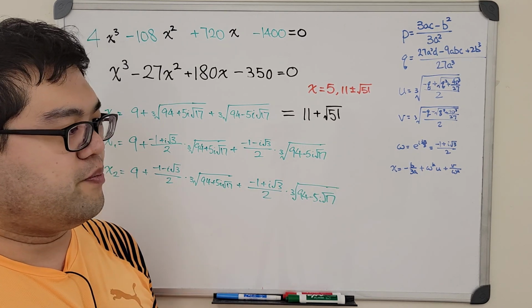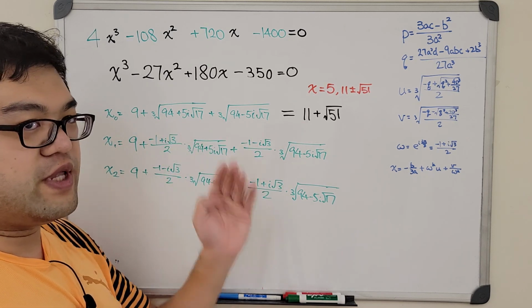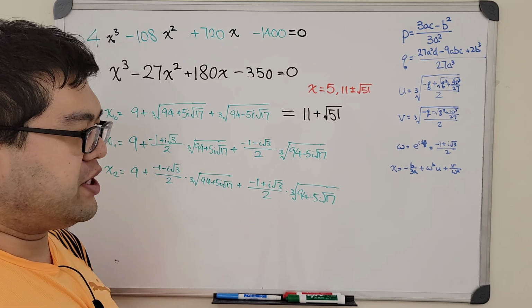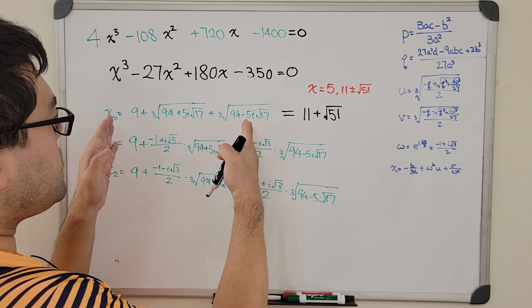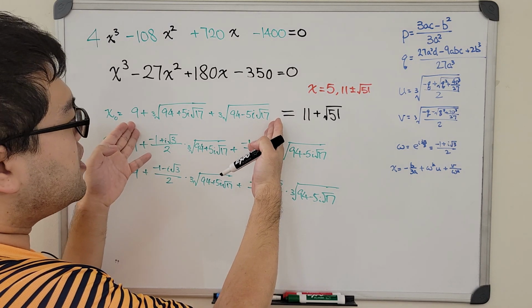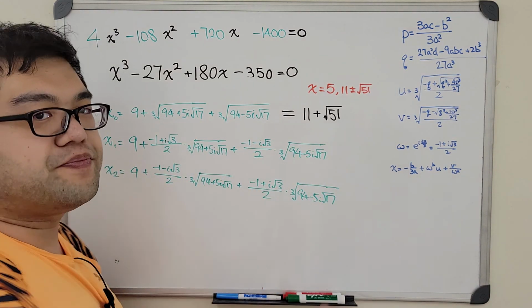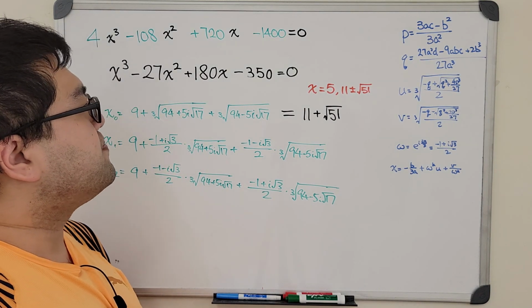Okay, and I'll just make another video to show the first one as an example of how we can convert something that's messy to something that is very neat. Okay. All right, that is it.